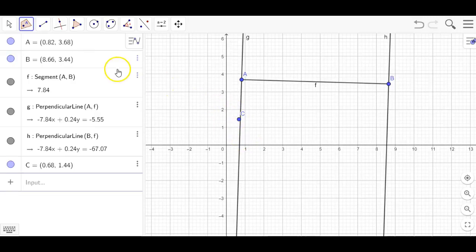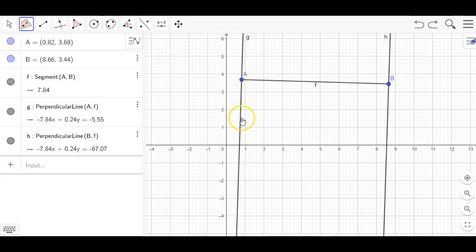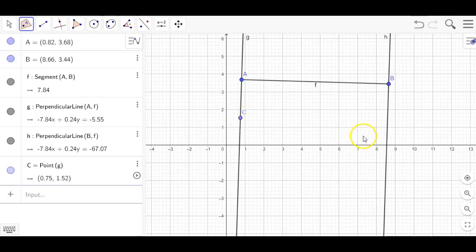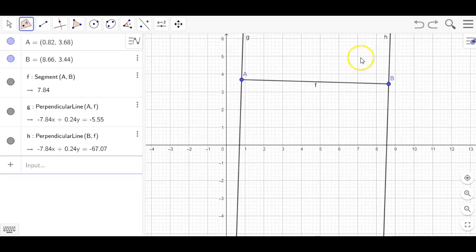Oh boy. Let me undo that, try that again. Point on line G. And then actually, what I should do is this. Let me undo that. Sorry about that. Undo.